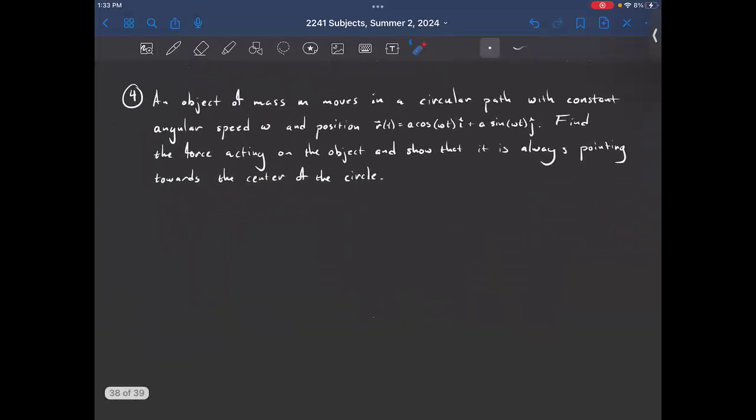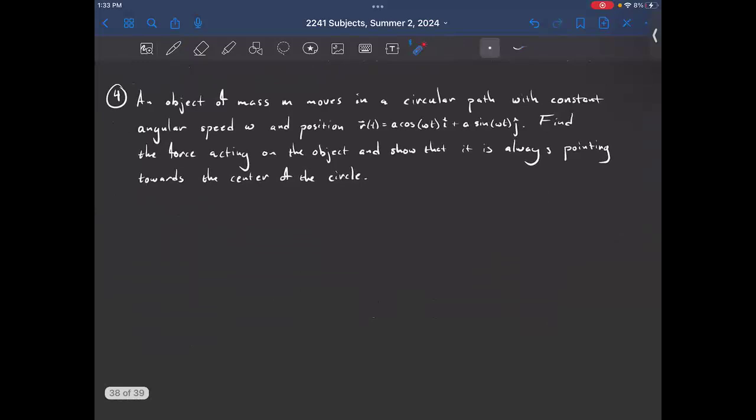All right. This will be the last example for this video, and then we'll make a second one. So we have an object of mass m moving in a circular path with a constant angular speed of omega. Okay, so the angular speed is related to the actual speed, but they're not the same.